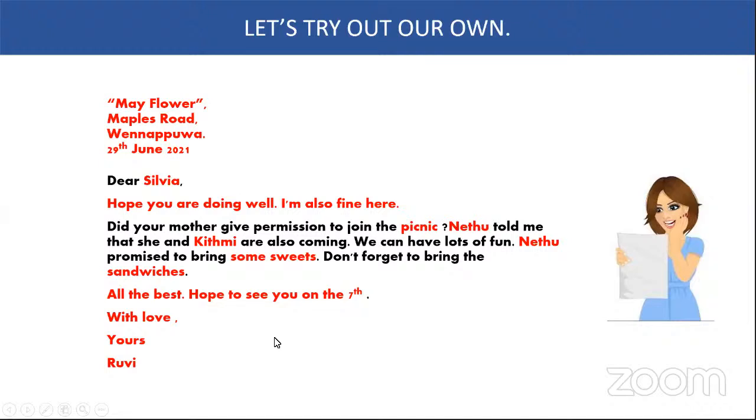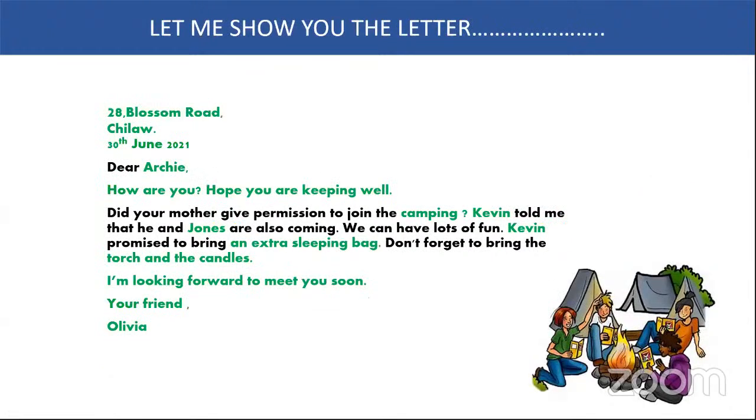Okay, I'm going to show you what I have written. This is my letter. 28 Blossom Road, Chilla. 30th June 2021. Dear Archie, how are you? Hope you are keeping well.